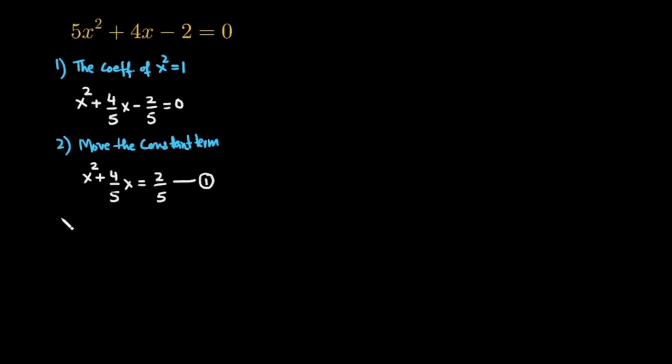Now step number 3, take the coefficient of x, which is 4 over 5. Step number 4, half it.